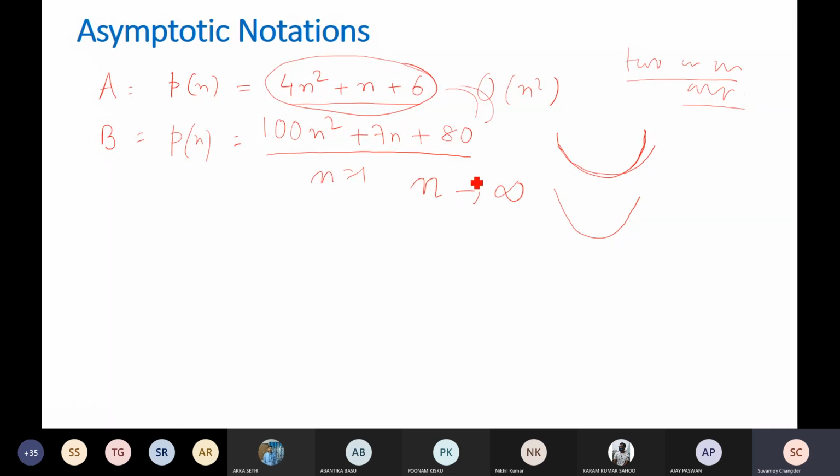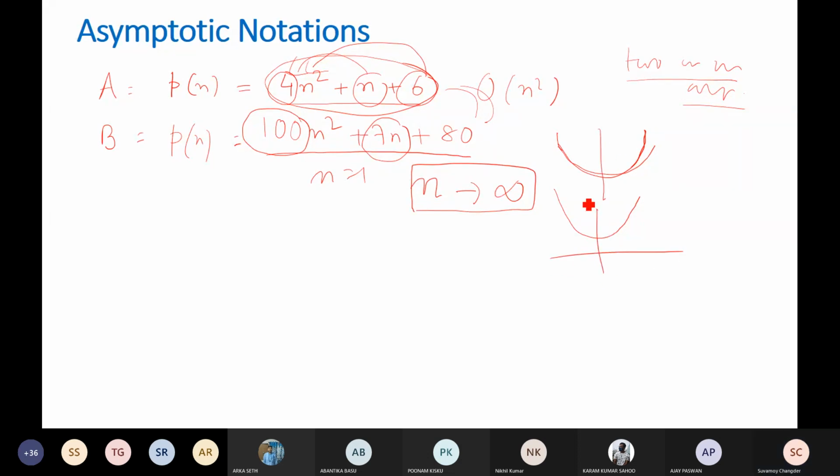So if you put a very large n value, so you will find that these two constants are negligible. Similarly, these terms are negligible with respect to this one. This term is very negligible with respect to 4n square when n tends to infinity. Because both the polynomial is parabola, whatever may be the value of this constant, the slope is following this equation, nothing else.